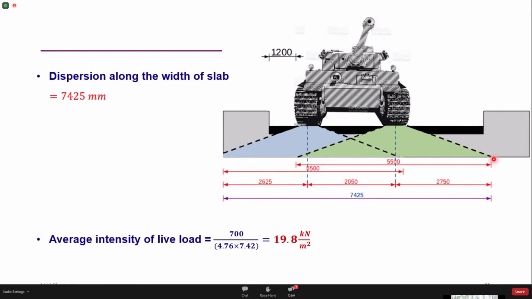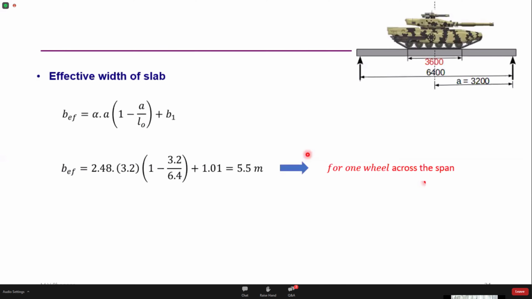This is the region of overlap, which is subtracted, and this is going to be the total width of the slab affected by this load. Now this I can work out, and this works out to be 7.425 meters.